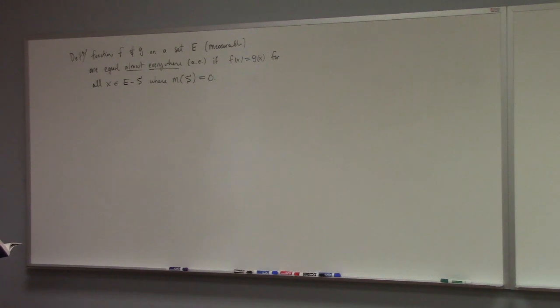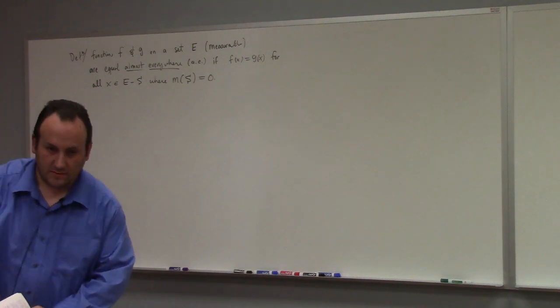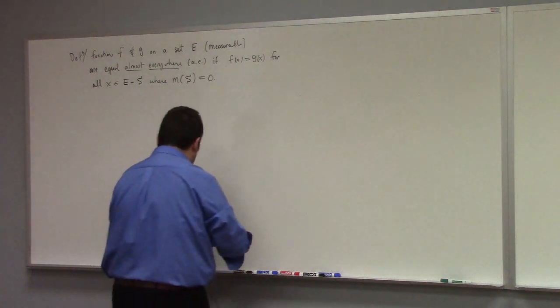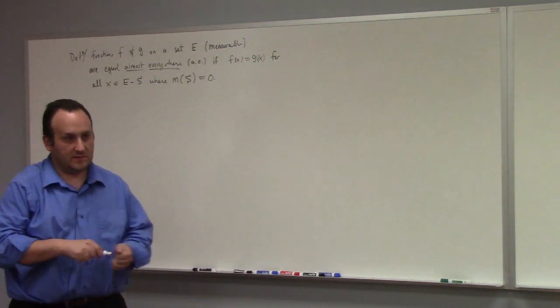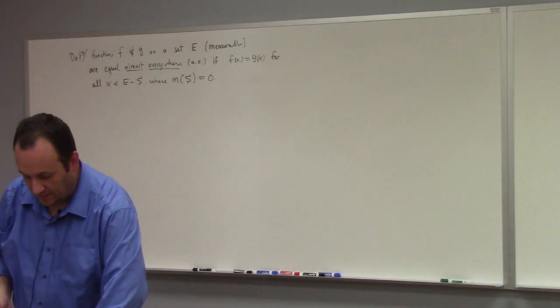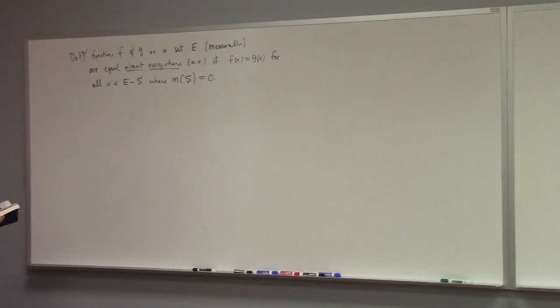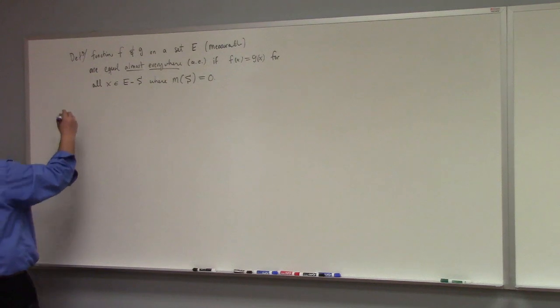And so up to this point, he's listed 5 properties of measurable functions, right? So let me just reiterate those properties just to get going on what we're doing today. So property 1, what was it?